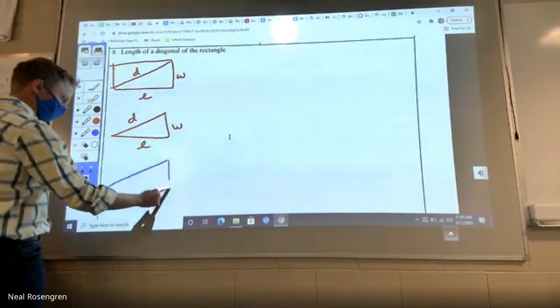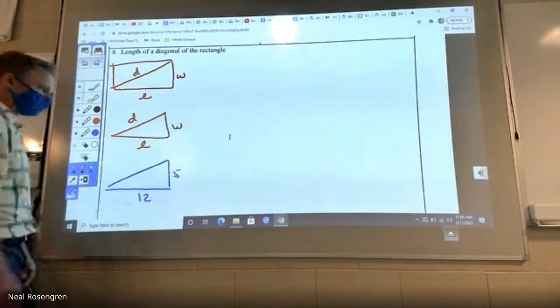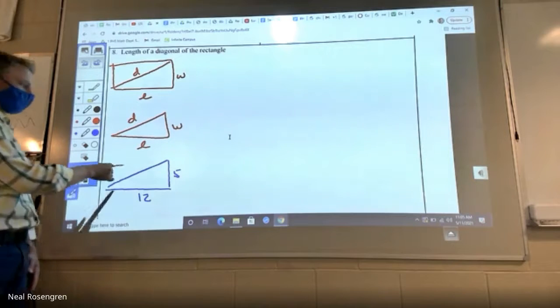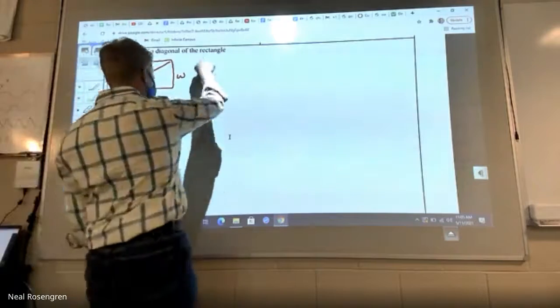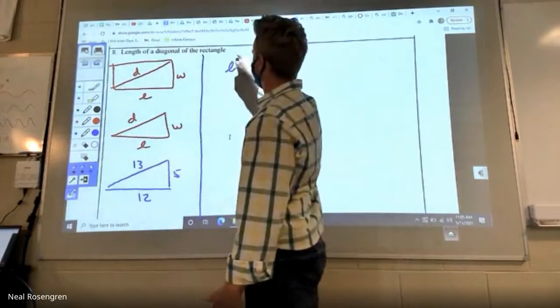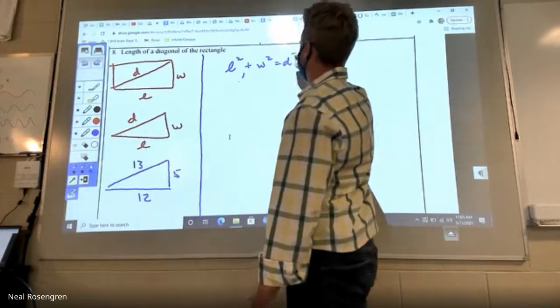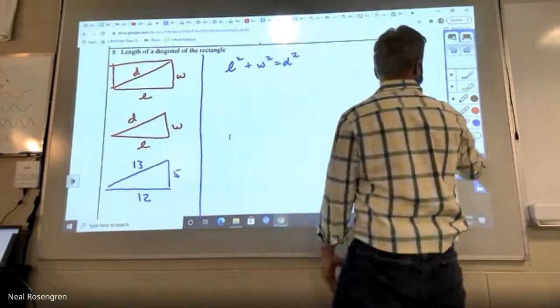So there's a picture of things changing. Here's the picture of it being stuck. 5, 12, 13. Thanks, Pythagoras. All right, L squared plus W squared equals D squared, D for diagonal.